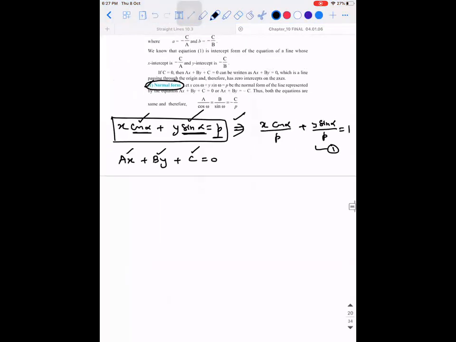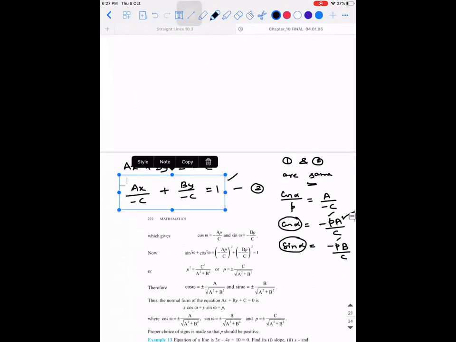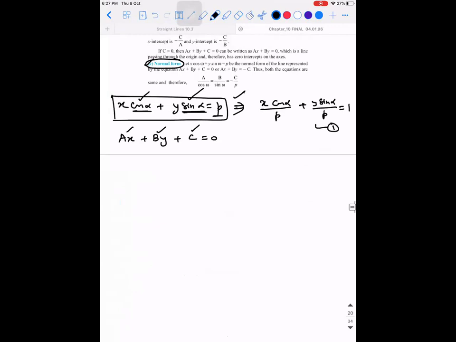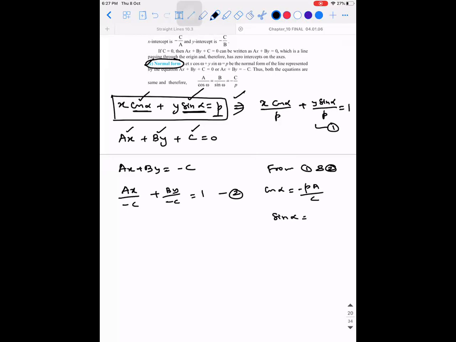What comparison did I do? I did ax + by = minus c, then divided with minus c on both sides. So ax/(-c) + by/(-c) = 1. Let this be 2. From 1 and 2, we get cos alpha = -pa/c. Similarly, sin alpha = -pb/c.